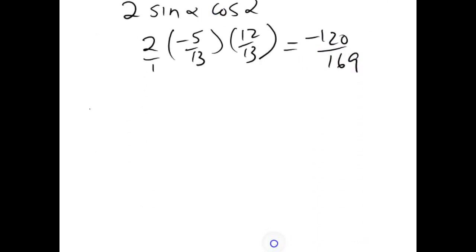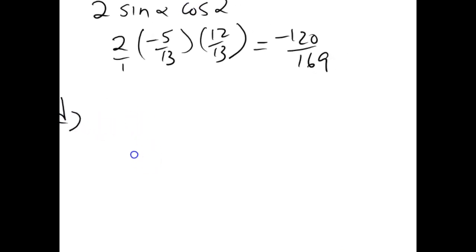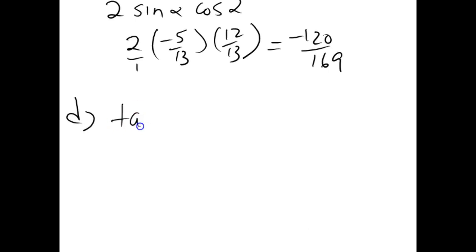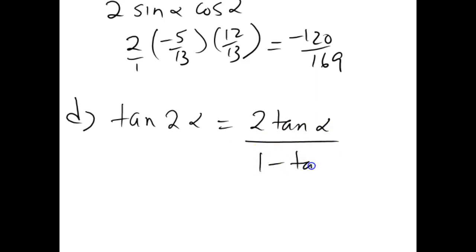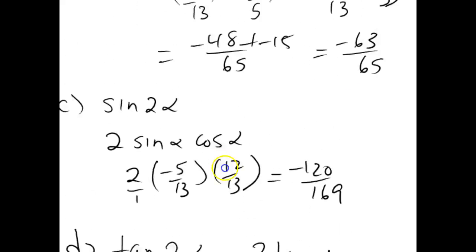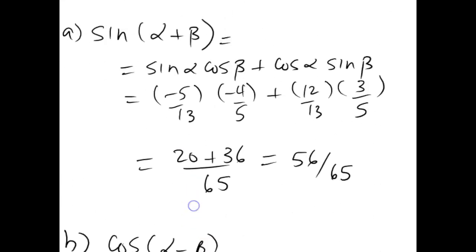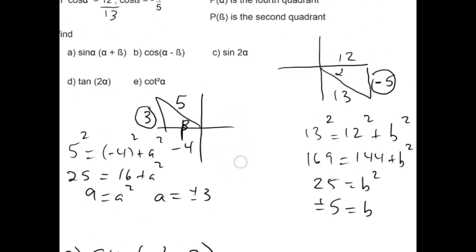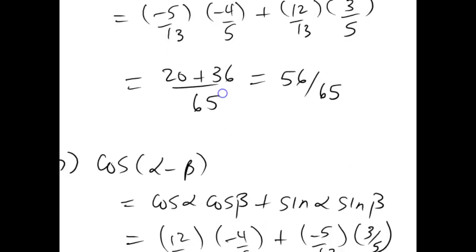The next one, D, we'll go back to the triangles again to help you here. D is a double angle, tan 2 alpha, which is the same as saying 2 tan alpha all over 1 minus tan squared alpha. If you go all the way up to the alpha triangle here, tan alpha is opposite over adjacent, so it's negative 5 over 12.